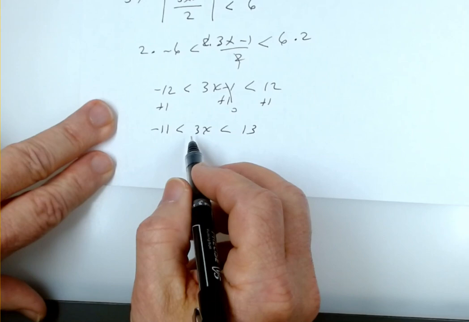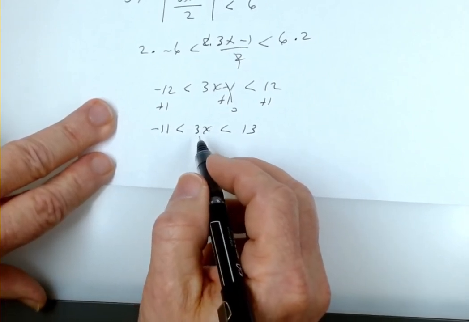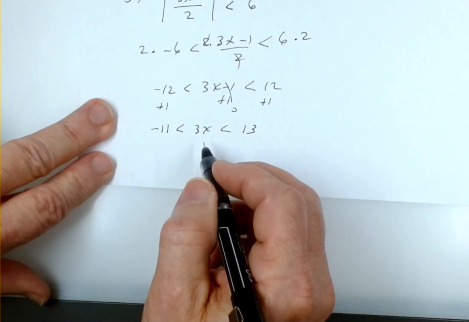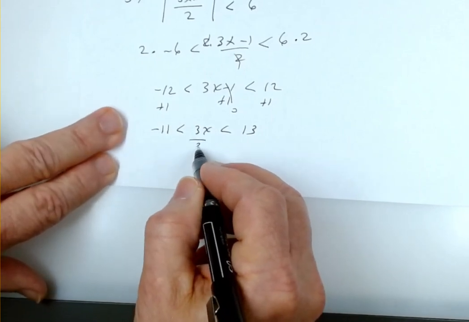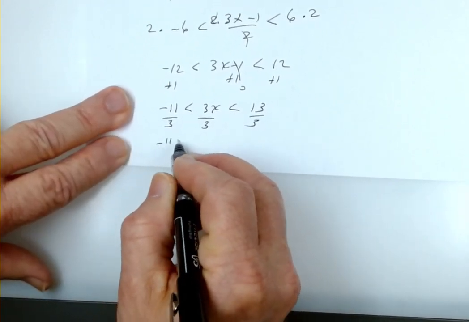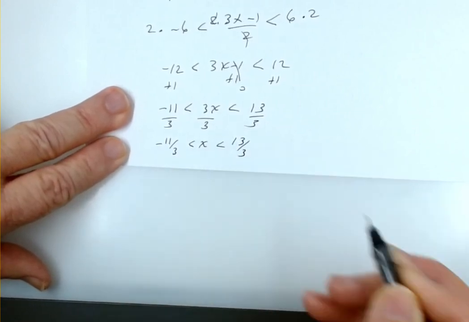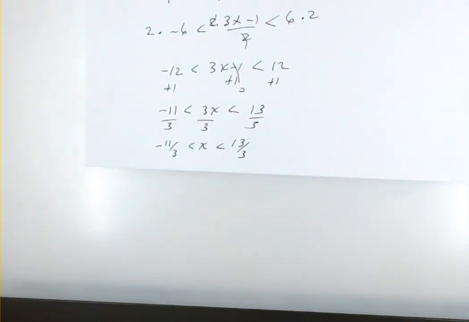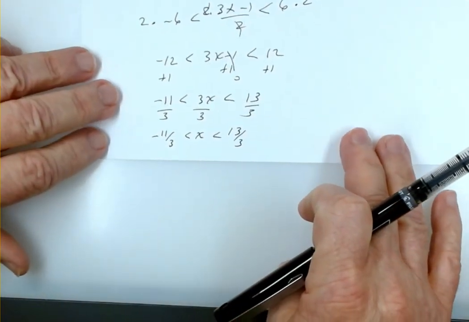No, your 3 is a coefficient. You're not saying x plus 3, then you would subtract. This is 3 times x. Divide all parts by 3. And so you get negative 11 thirds is less than x is less than 13 thirds. So all of your solutions will be any real number between negative 11 thirds and 13 thirds.